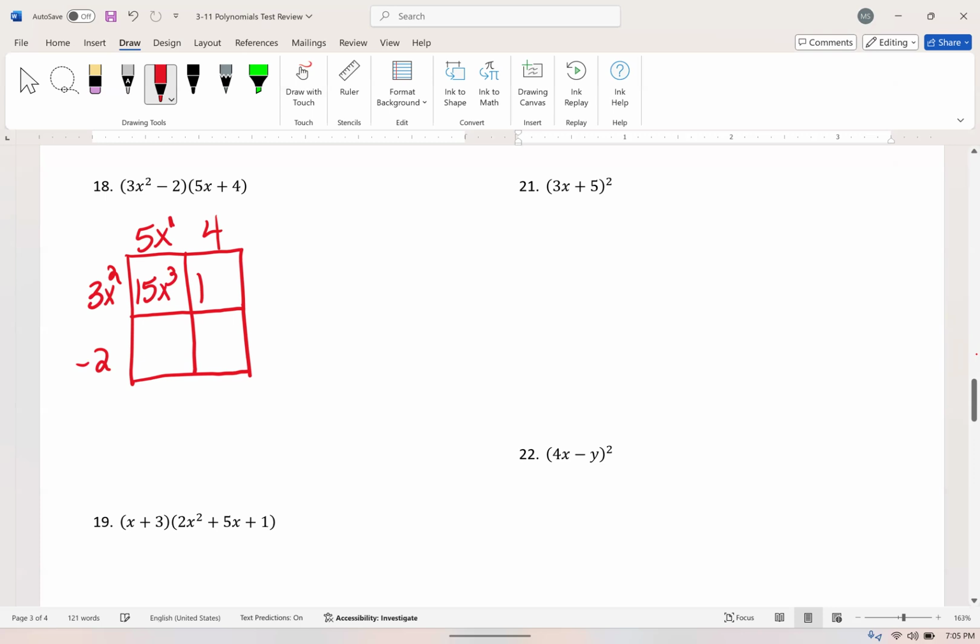Then 3x squared times 4, that's 12x squared. Negative 2 times 5x is negative 10x. Negative 2 times 4 is negative 8. So we have 15x cubed plus 12x squared minus 10x minus 8.